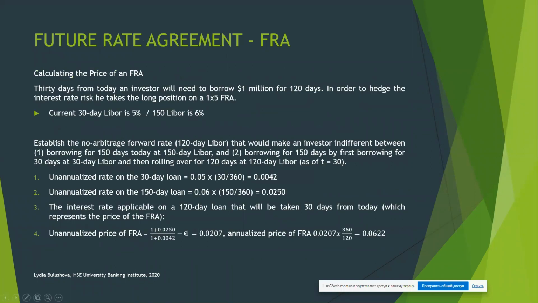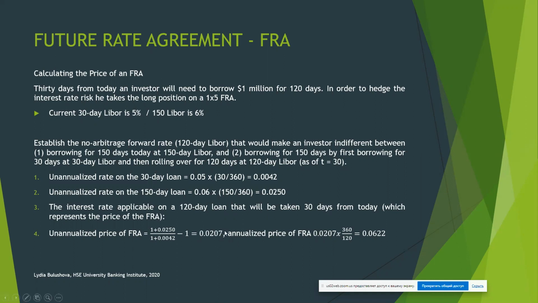This is what we have for 5 months. This is what we have for 1 month. This is what we have for 4 months. 1 multiplied by 4 is the same rate as for 5 months. And that's how we get the price of FRA.